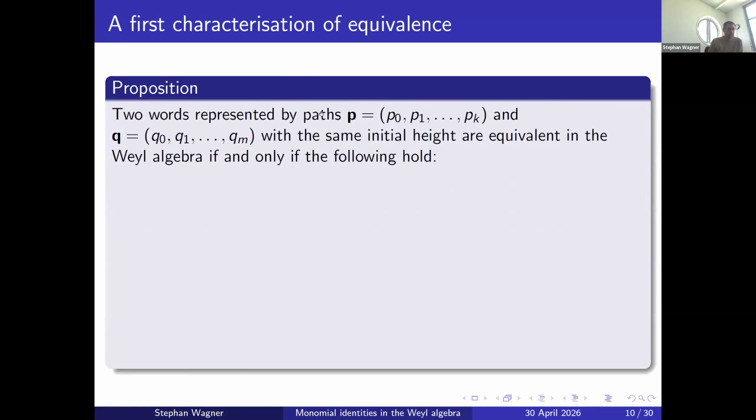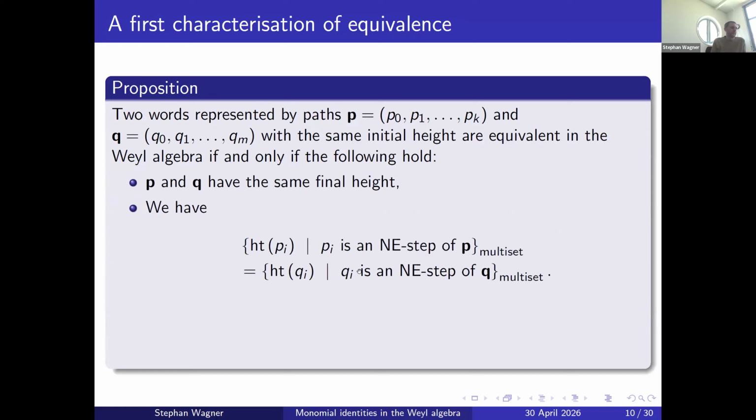As a consequence of this formula, we can say that two words that are represented by two different paths, P and Q, starting at the same initial height, are equivalent if and only if, first of all, they have the same final height, because otherwise the exponents don't agree.